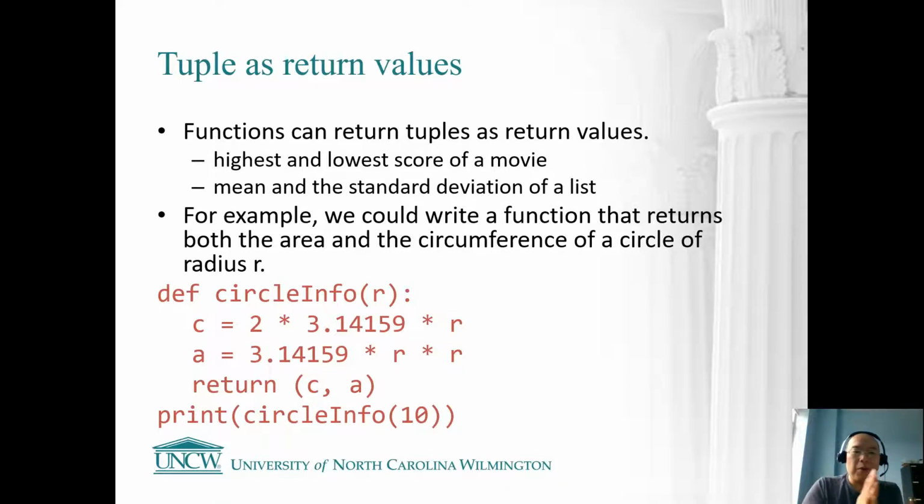Let's see this one. For this one, we are calculating the circumference and the size of a circle, or the area. We are receiving a radius r. So how do we get the circumference? This is 2 multiplied by pi multiplied by the radius.